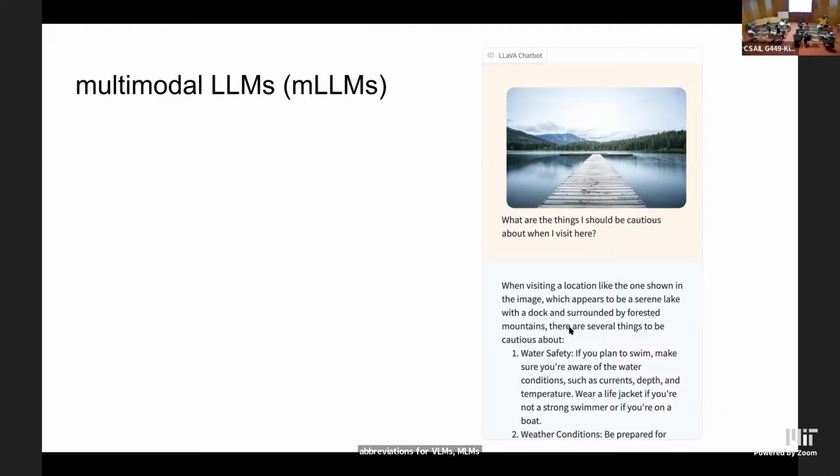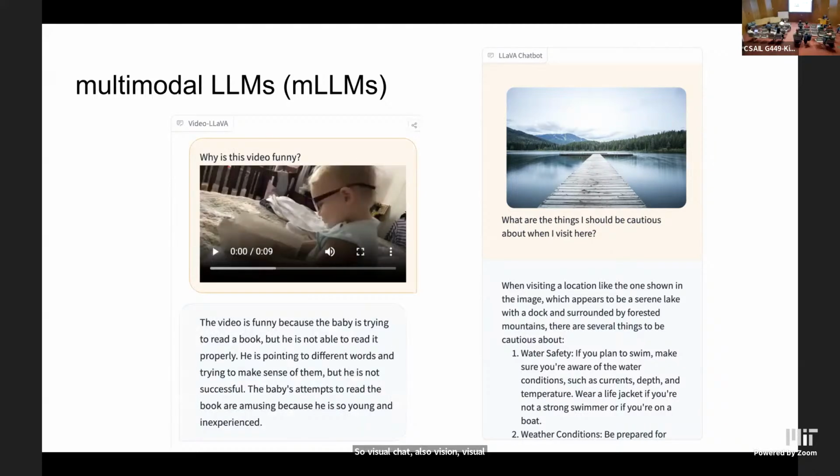This is one example of a chatbot that can understand images and talk to you about them. Someone could ask, what are things I could be cautious about when I visit here? And the chatbot will give you a whole list of things, like being careful about water safety, weather conditions, and so on. So visual chat, and also visual question answering, are tasks people have done.